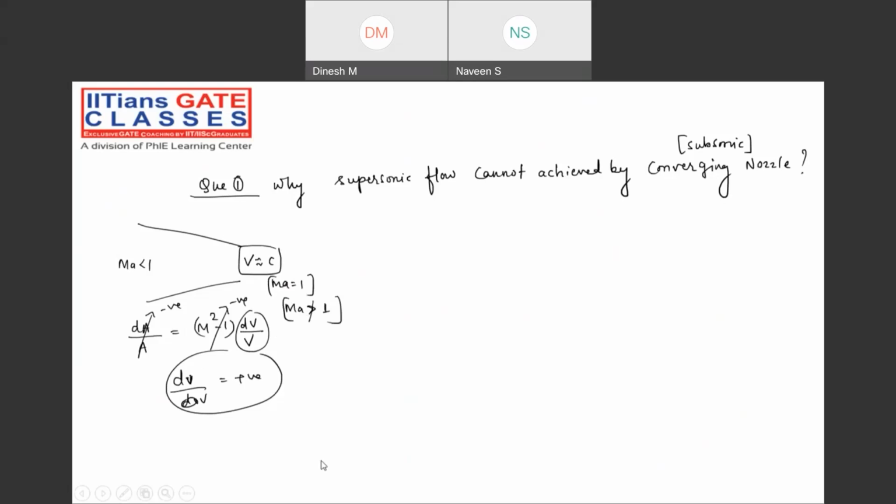Have you ever come across this thing? Just think and tell. Why supersonic flow cannot be achieved by the converging or subsonic nozzle?